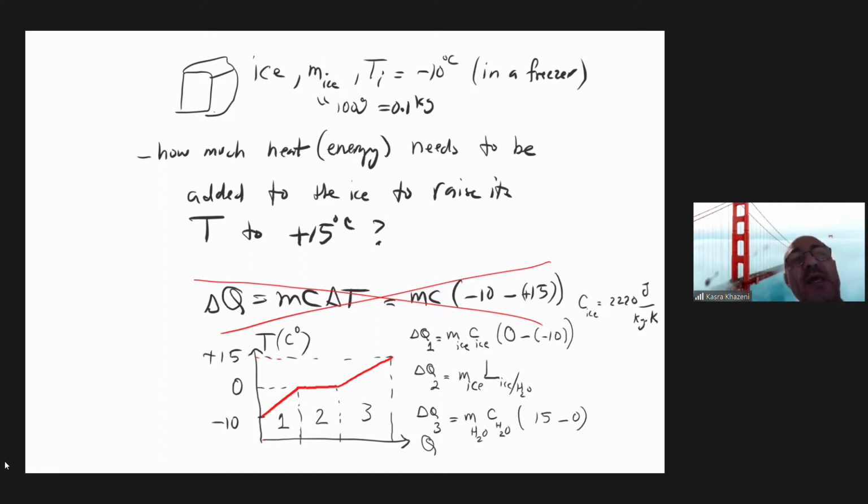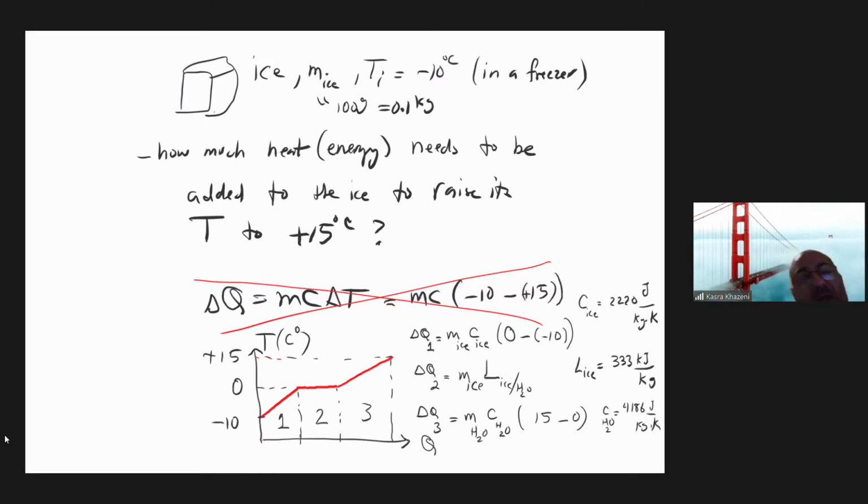Delta T in C and K are the same. Now, and L of ice, which is heat of fusion of ice, is 333 kilojoules. That's 1,000 joules per kilogram. And C of H2O, specific heat of water, which is different from ice, is 4186. Again, with joules per kilogram Kelvin.